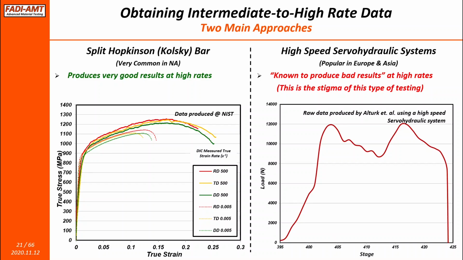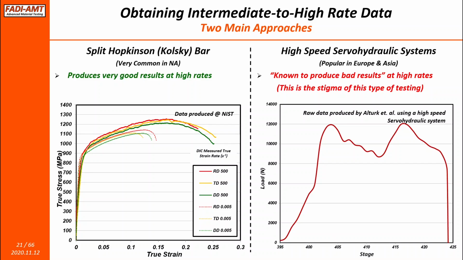And I'm showing one of the examples of a curve that we obtained at a high speed in our earlier runs with high-speed testing. And I will be referring to the work of my ex-PhD student, Rakan Al-Turk, a lot in this webinar.